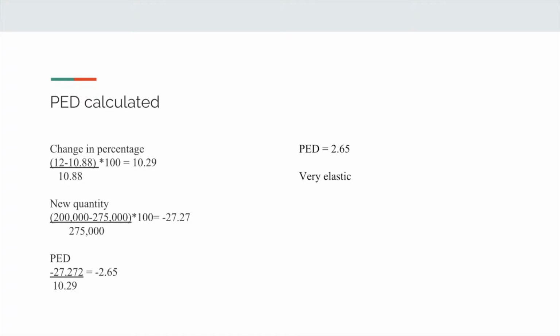And the new quantity, we take in brackets 200,000 minus 275,000 end bracket divided by 275,000 times 100, and that gives us minus 27.27. And to calculate the PED, we take the minus 27.27 and divide it by 10.29, and that gives us minus 2.65. So the PED is 2.65, and that means it is very elastic.